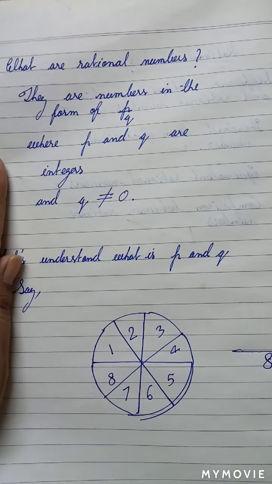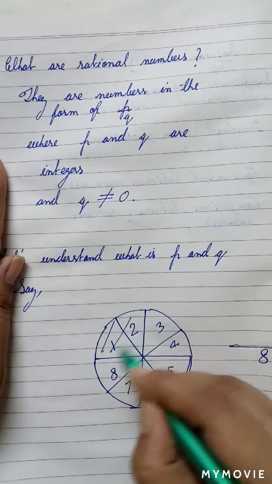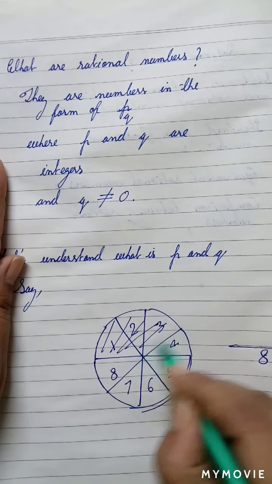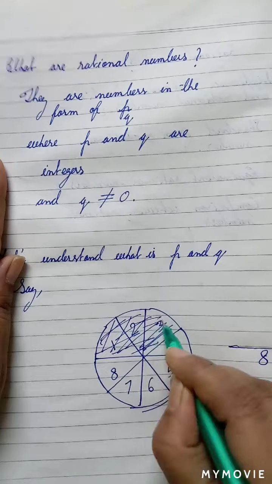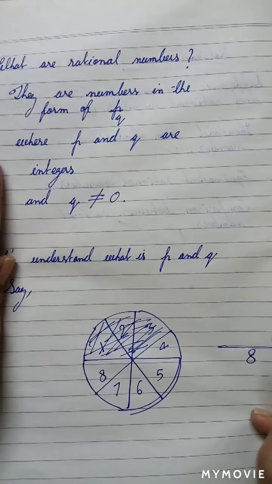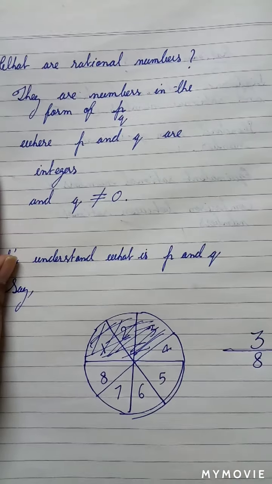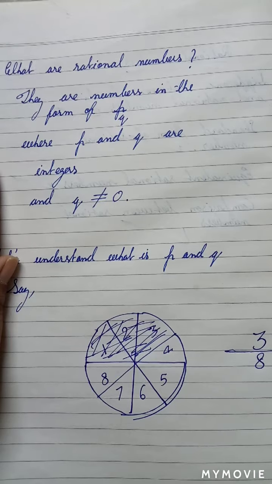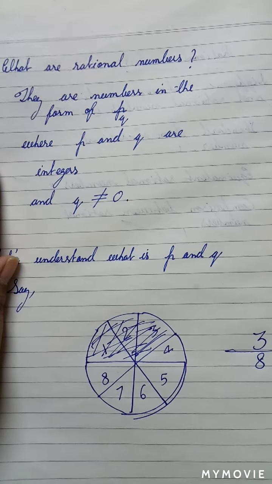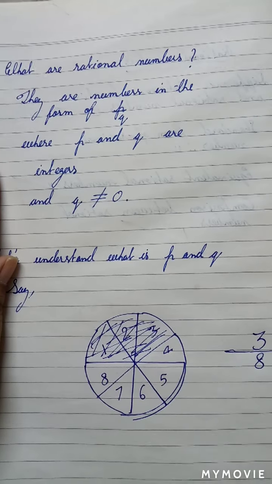called the denominator. Now if I say I took out 3 parts out of it, let's shade the 3 parts. Friends, this figure is not to scale, and I took out 3 parts out of it, so 3 will be the numerator. Numerator is always above the line and it tells us how many equal parts of the whole are taken, and denominator is below the line.